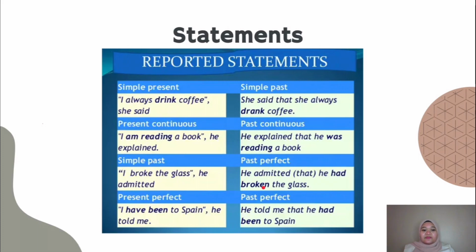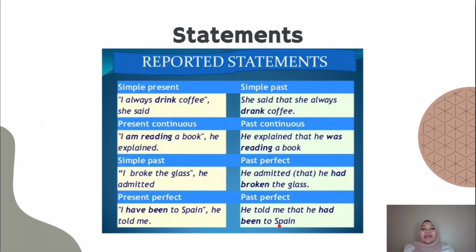Break, broke, broken. So that is the past perfect. Lastly is the present perfect. In present perfect, we use "I have been to Spain," he told me. When we change to reported speech, it will become: he told me that he had been to Spain. Okay, class?